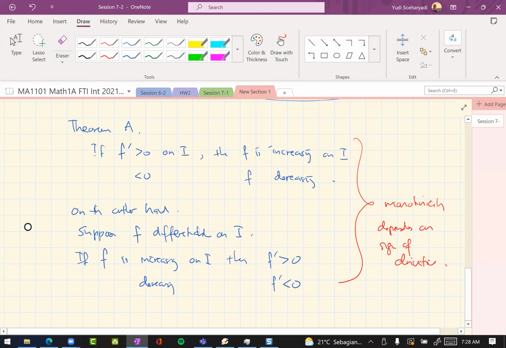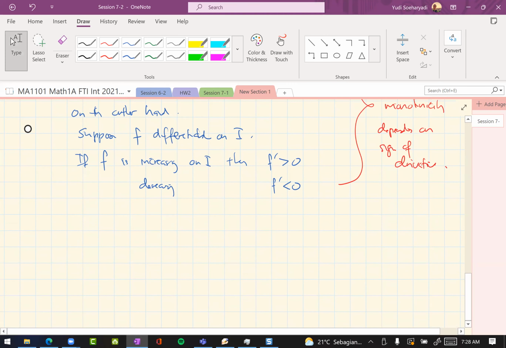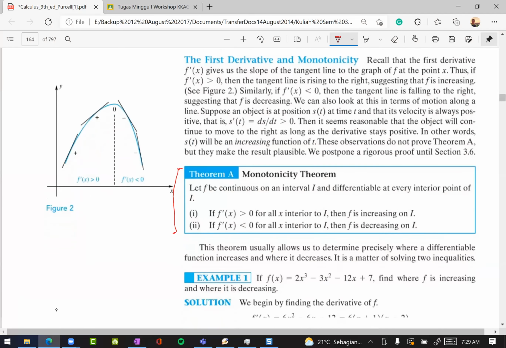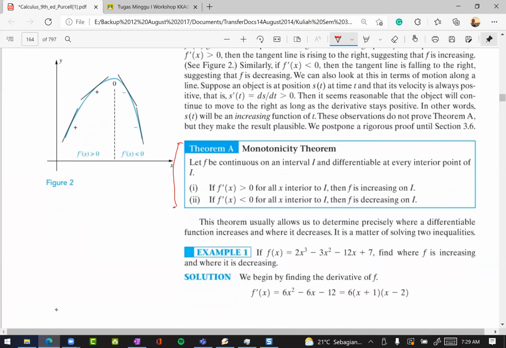Okay, so let's do some examples. Let's do example one from the book, but let's do this in detail and see what it tells you.